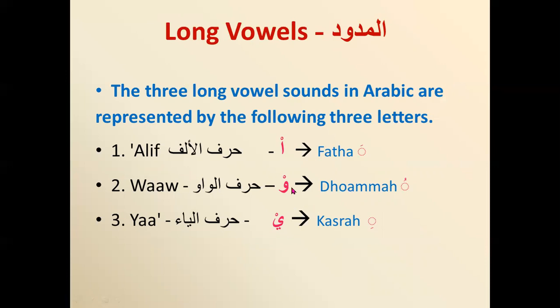And the sound is oo. 2 letter counts. Then number 3 is the ya sukun, also preceded by kasrah. Then the sound is e. Again, if it is alif sukun, it should be a. Waw sukun, u. Ya sukun, e. And let's inshallah check on the examples.